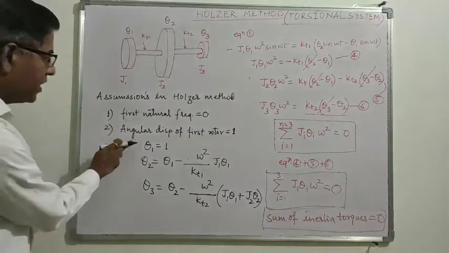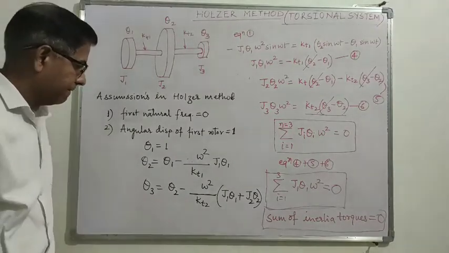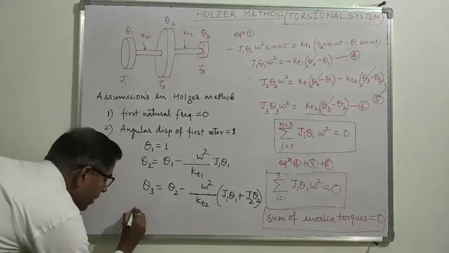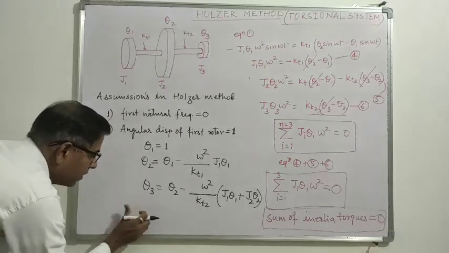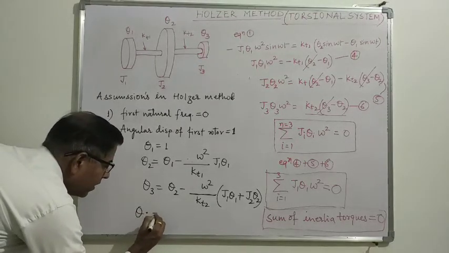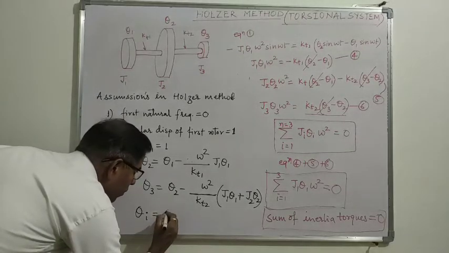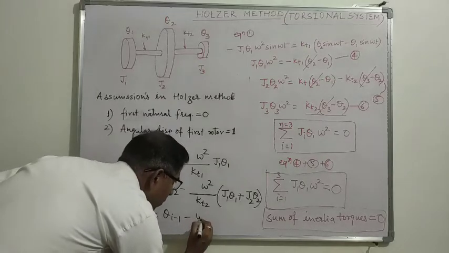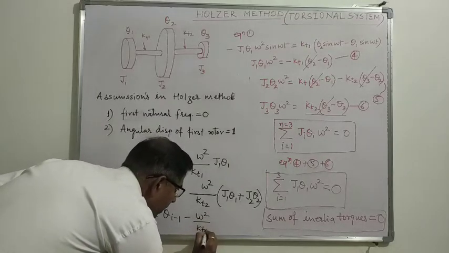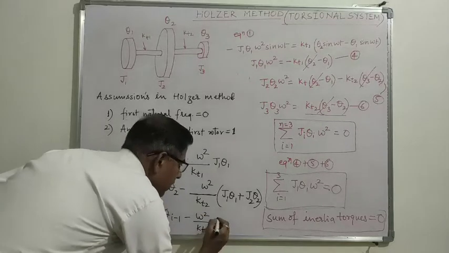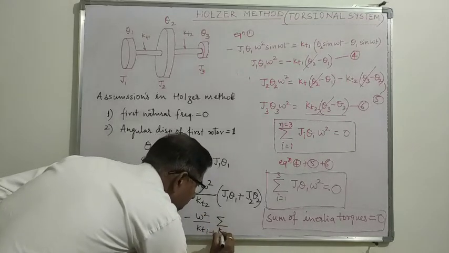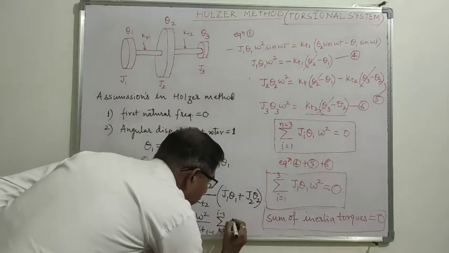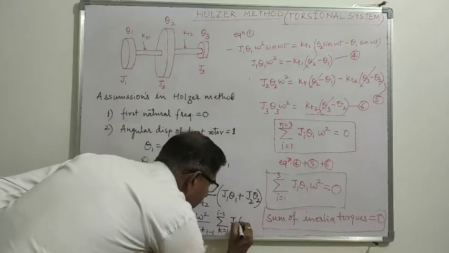So theta 1, theta 2 and theta 3, and we can write in generalized form that theta I is equal to theta I minus 1 minus omega square upon kt I minus 1 into the summation of k equal to 1 to I minus 1 of J k theta k.